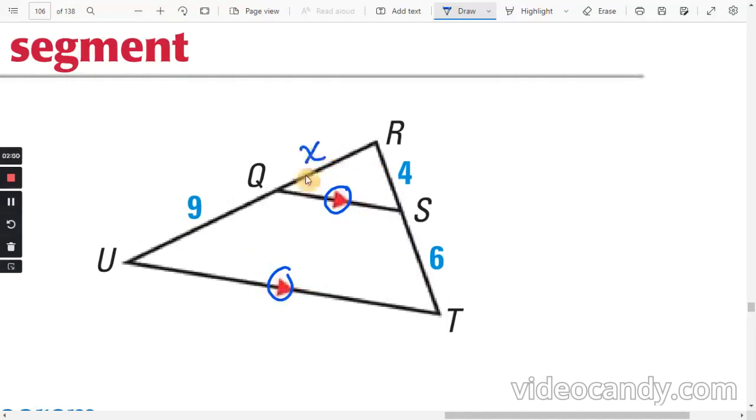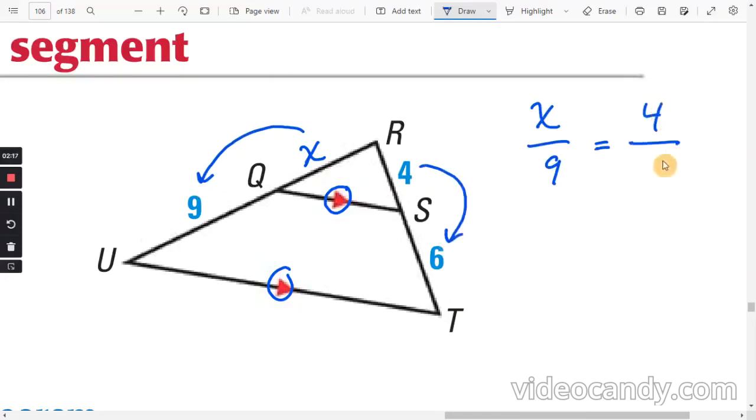All right. So since these sides are parallel, we can say X divided by 9 is going to equal 4 divided by 6. Okay, notice I went the same way with the arrows in both cases. And now you can multiply both sides by 9, or you can cross multiply.